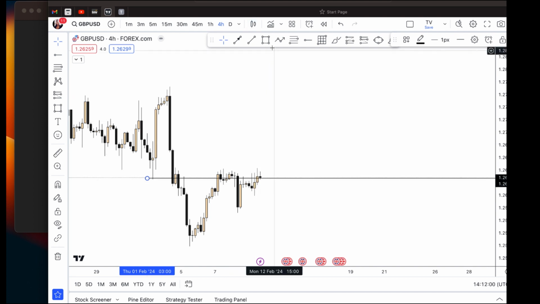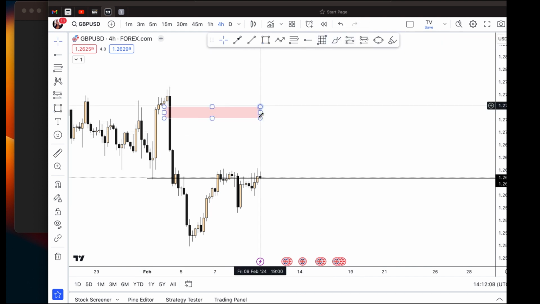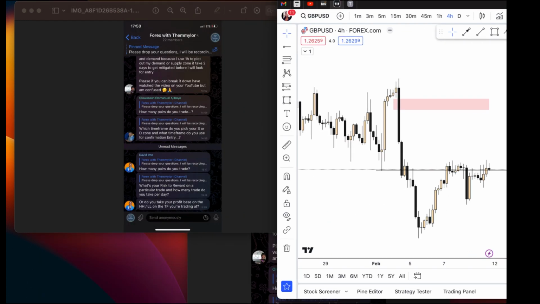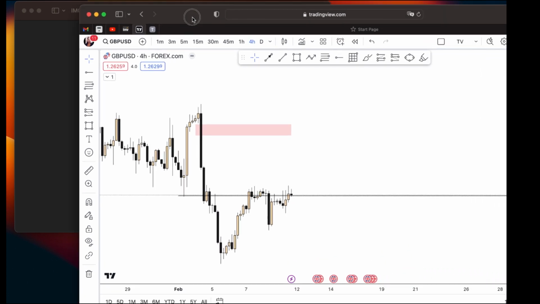Or if I'm in this buy right now, I might look to take my profits at this imbalance level. So because of that, my risk to reward is usually around 1 to 3, or highest 1 to 5 most times. But if you are swing trading, you definitely will be getting risk to reward of probably 1 to 10 or thereabouts. So I always make sure the trades I look for are actually 1 to 3 RR.